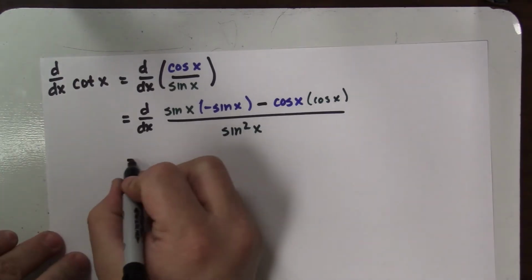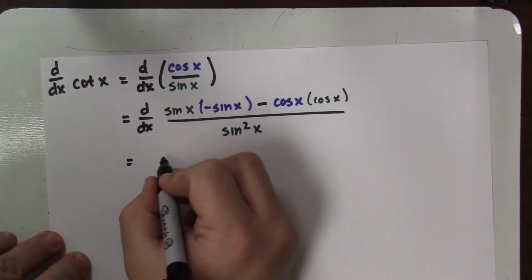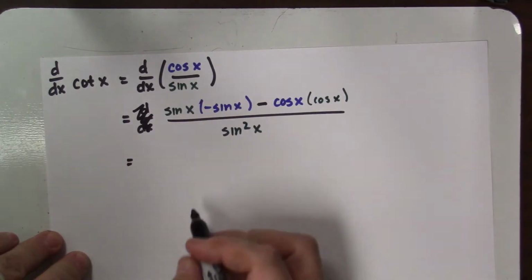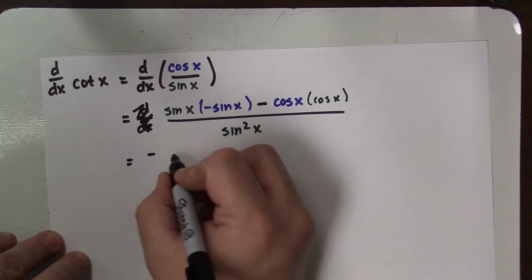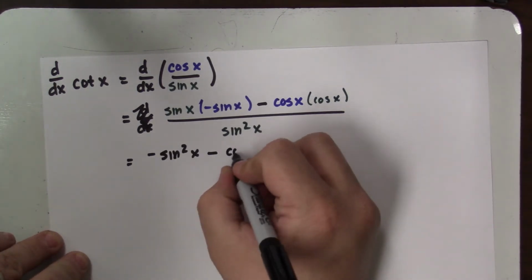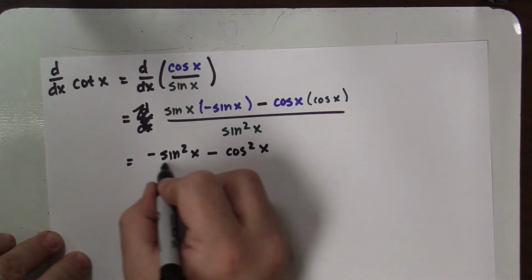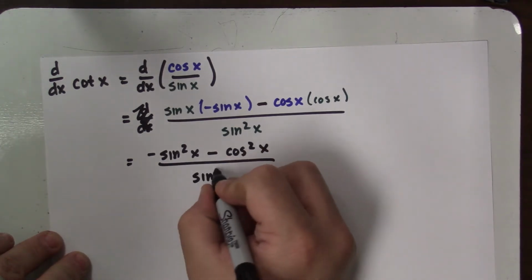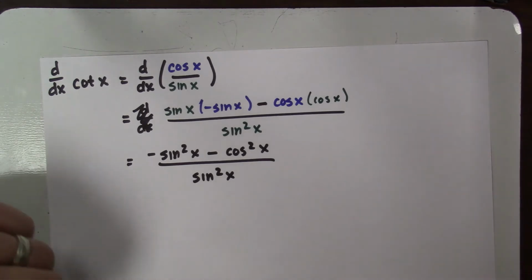So negative sine times sine, or this goes away, sorry. I have negative sine squared x minus cos squared x all over sine squared x.